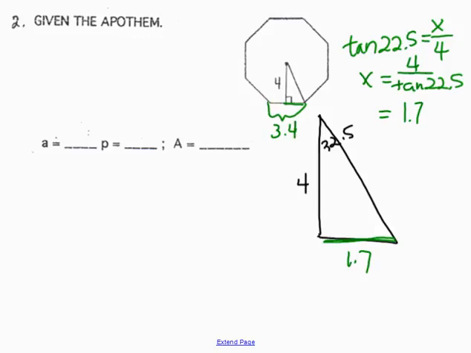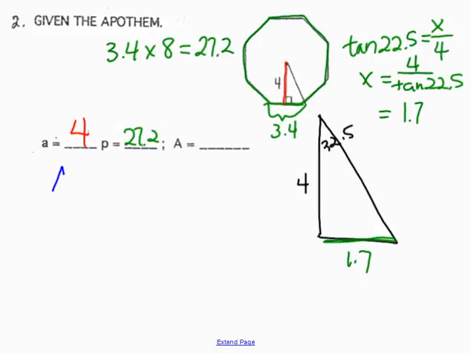So now to get the whole perimeter, we have to take 3.4 and multiply it by 8, because that's 8 sides. When we do that, we end up with 27.2. That's our perimeter. The apothem, right there, thank goodness they gave us that.